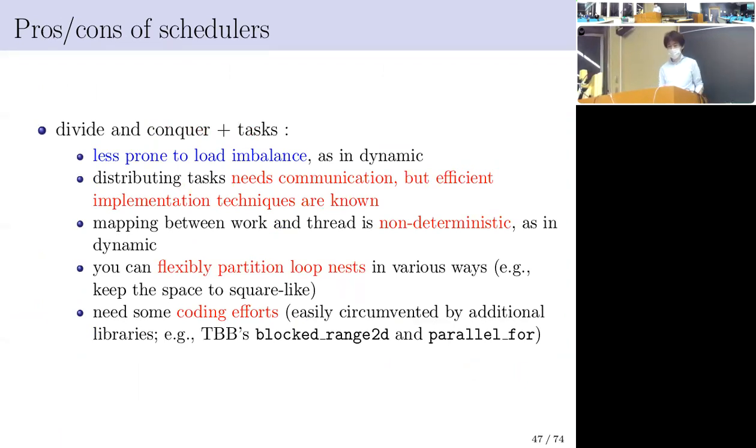Each has its own pros and cons. And down the road, when you do the exercise, you want to think about the most appropriate way of parallelizing a particular workload using for loops or tasks.